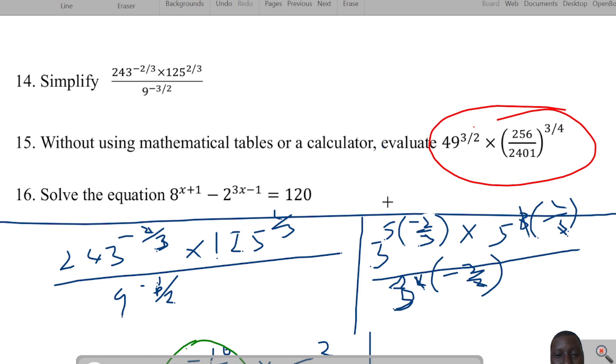Good. I want to give you question number 16. I want to give you a few minutes to look at it. So the question: 8 power x plus 1 minus 2 power 3x minus 1 equals 120.